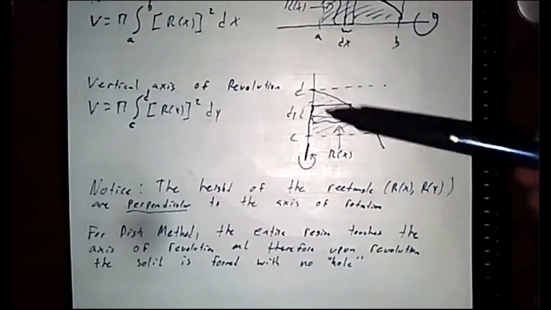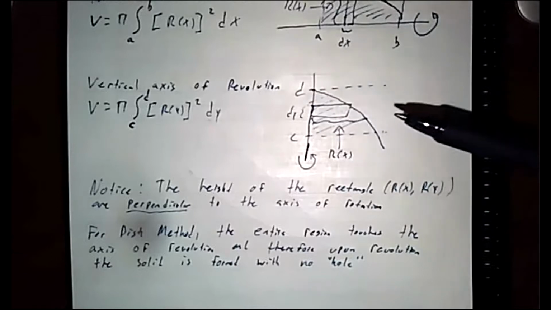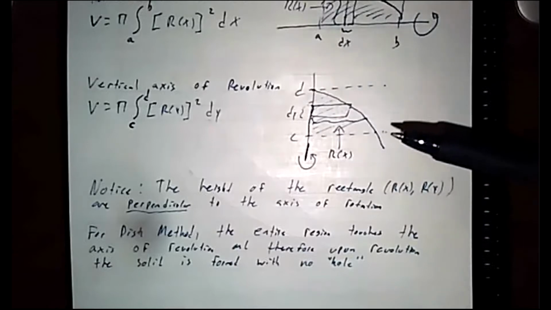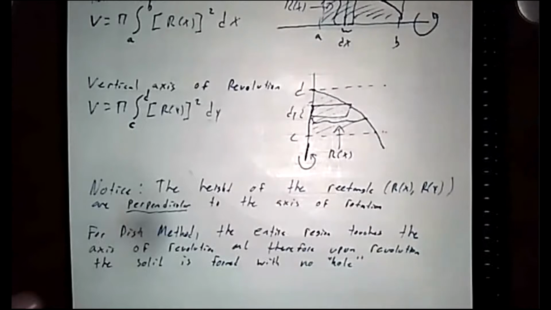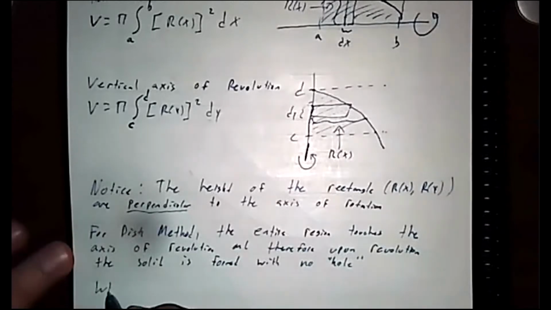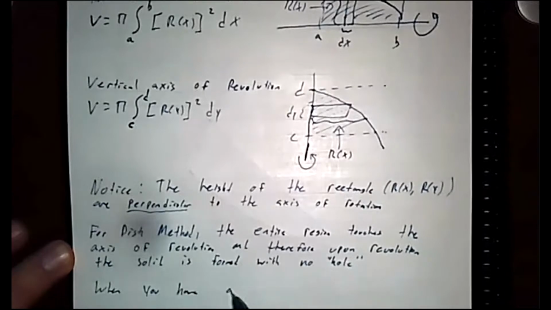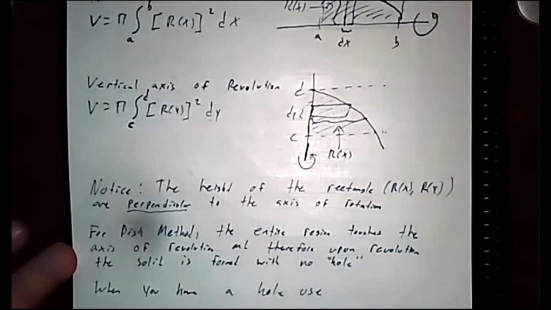All right, so if it's not touching the axis of rotation, this r of x, this radius, then you'll have a gap, which creates a hole when you're spinning around. When that happens, so when you have a hole, basically it's the same formula, but it kind of compensates for that missing piece.